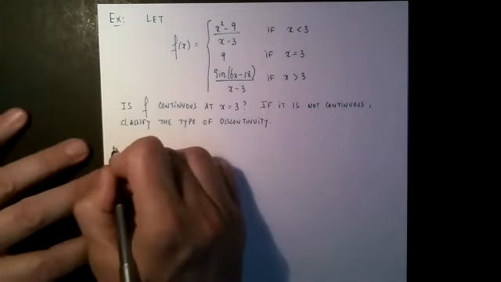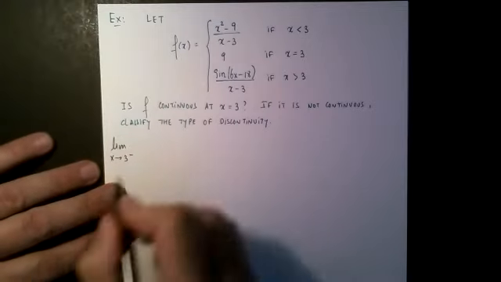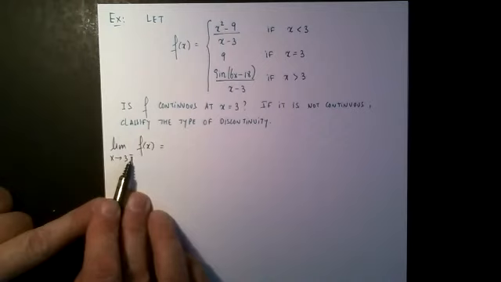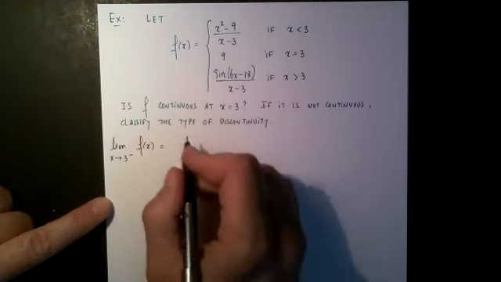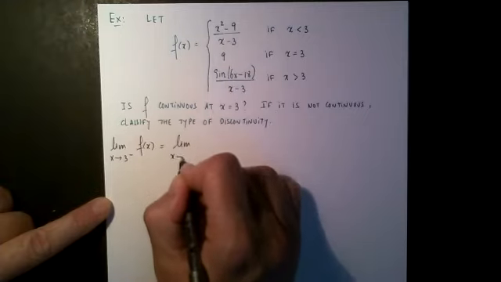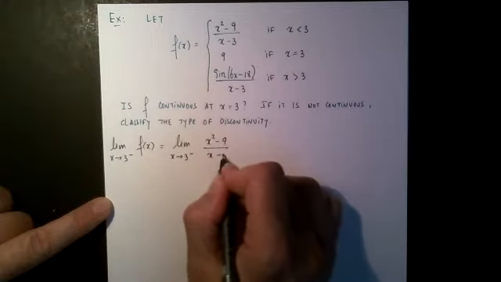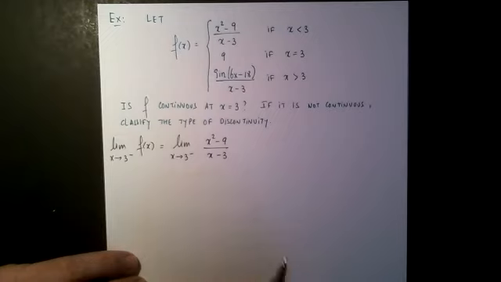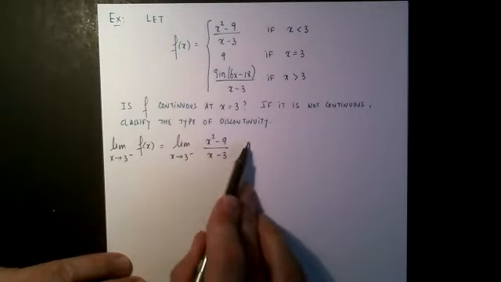So let's see: limit as x approaches 3 from the left of f of x equals what? If I'm to the left of 3, when x is less than 3, this is the function in effect. So I write limit as x approaches 3 from the left of x squared minus 9 over x minus 3. First I plug in the 3: 3 squared is 9 minus 9 is 0 over 0, an undetermined form.